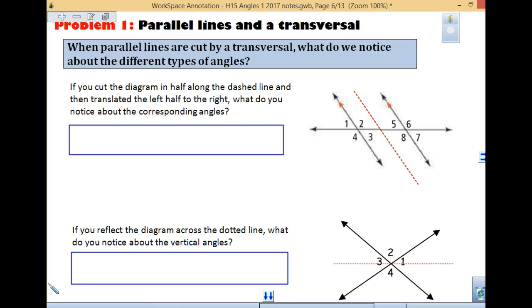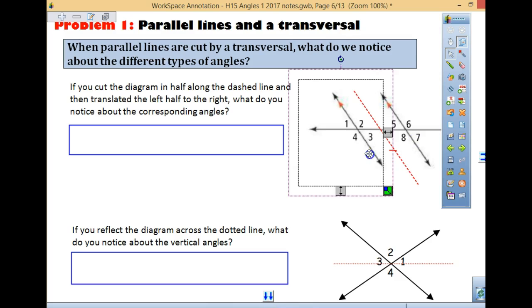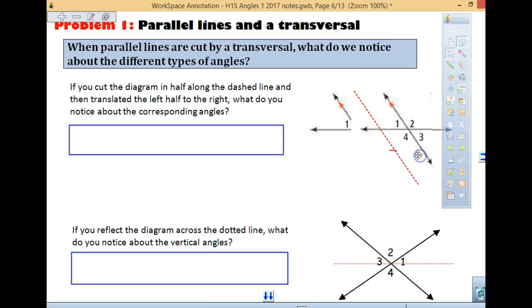So if I would do that, and I move this picture over, that one on top goes exactly on top of those two angles, which tells me that these two will be congruent, okay?